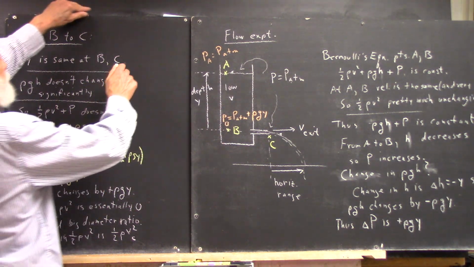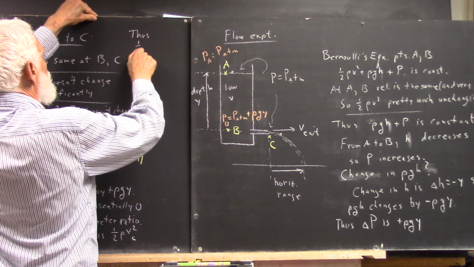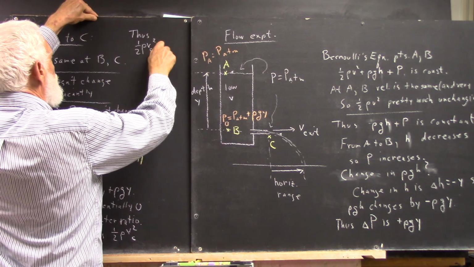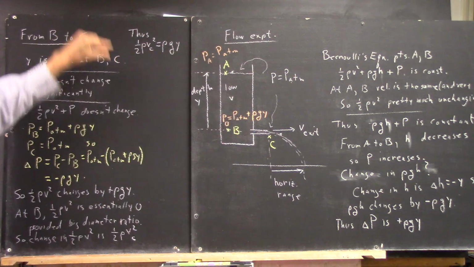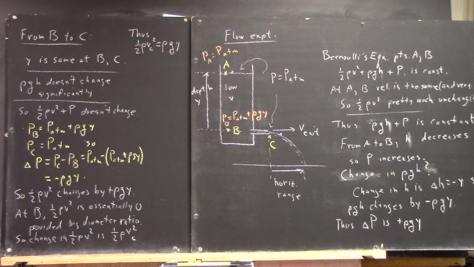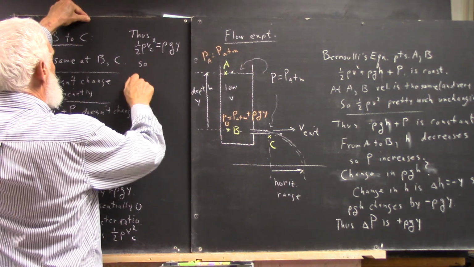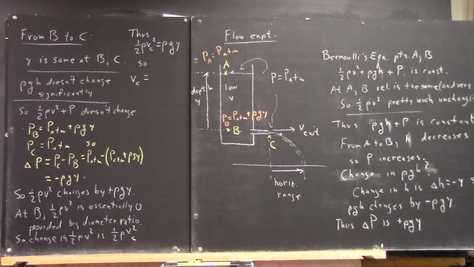So thus, one half rho VC squared equals rho GY. Now, what then is VC?